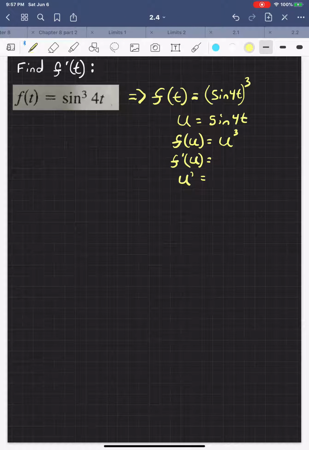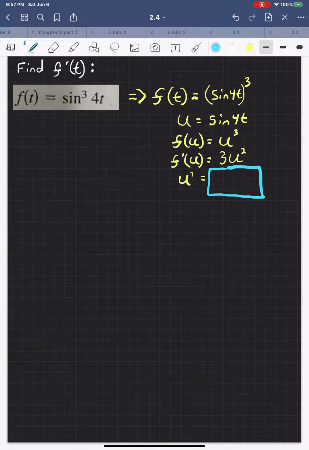I'm sorry, f prime first, of course. So the derivative of u cubed with respect to u would be 3u squared. But it's at this step right here that you should notice you need a chain rule again.